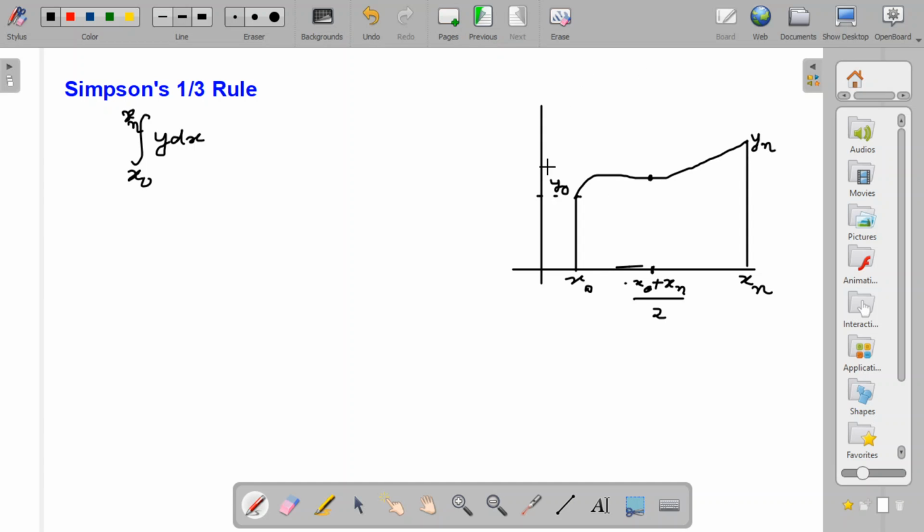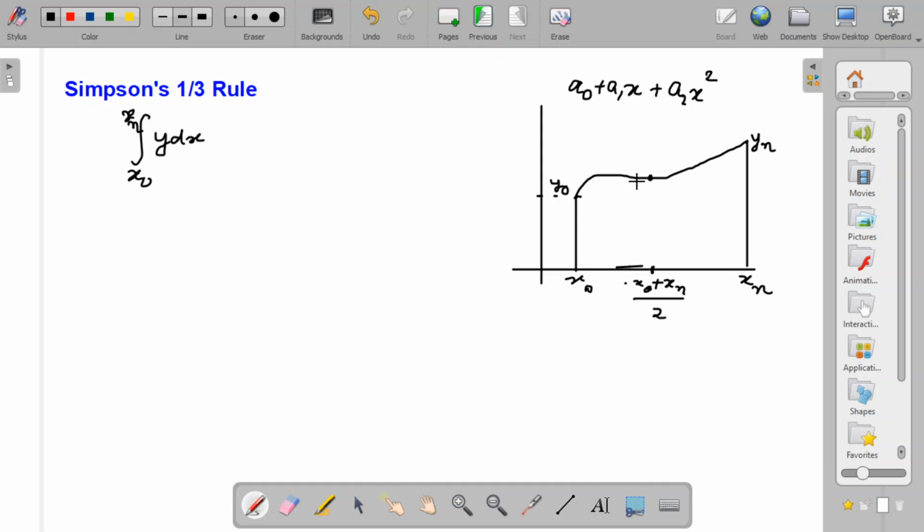Okay. Now you just think that let us consider a second order polynomial. So let me write this as a0 plus a1x plus a2x square. Okay. So this is the assumed second order polynomial passing through these points.